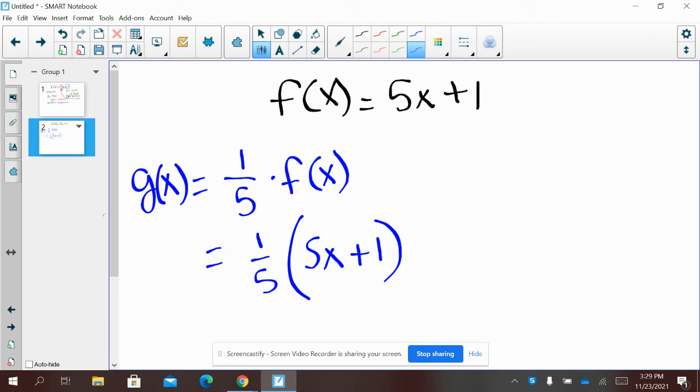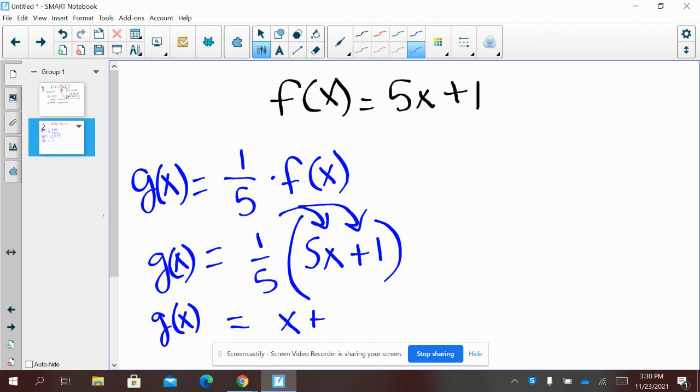Well, when I distribute that 1/5 into the parentheses, I get g of x, because that's what this is all equal to, is equal to x plus 1/5, right? Because 1/5 times 5x is x, or 1x, and 1/5 times 1 is just 1/5.